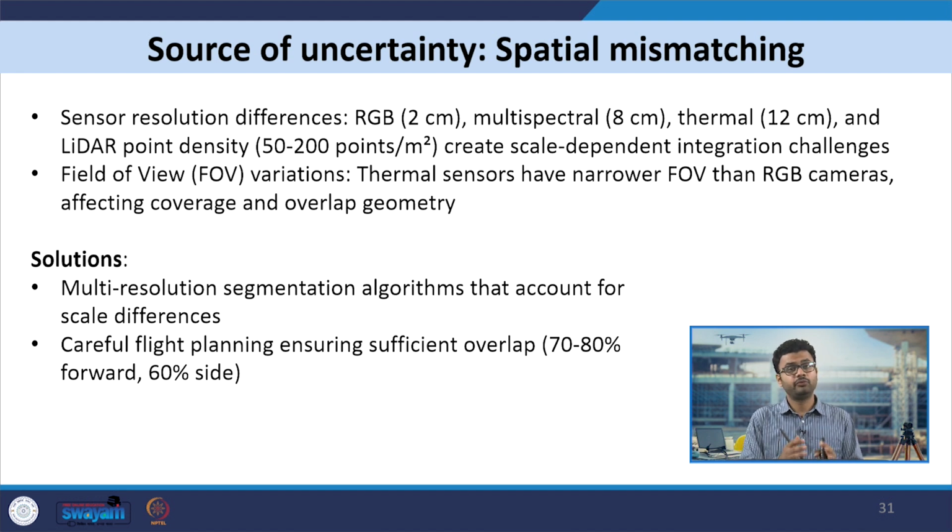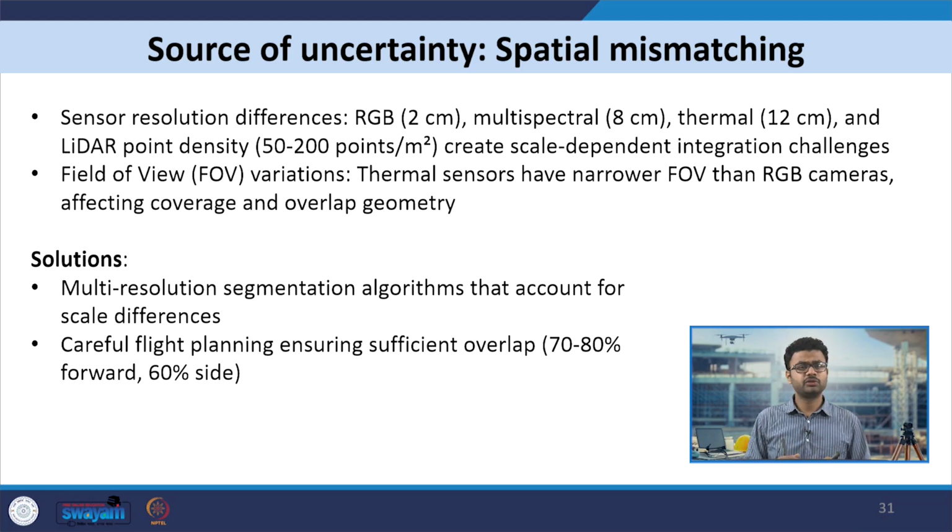Then there are also variations in the field of view. Thermal sensors have narrower field of view than RGB cameras. So this affects their coverage and overlap geometry. Further, there may be difference in the focal length of the camera which has been used, which will again lead to differences in coverage and overlap geometry.